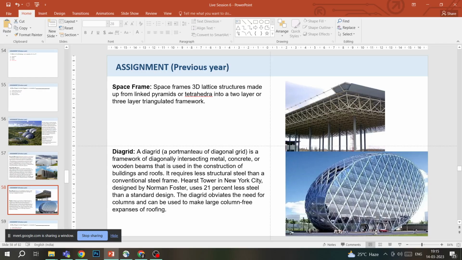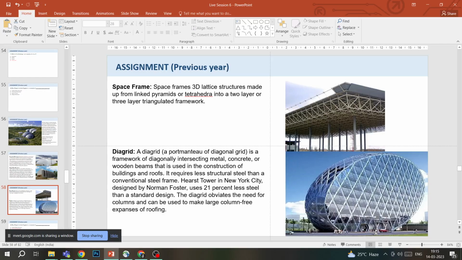All these tetrahedrons are attached together to form a 3D lattice. That is what a space frame is. It's a 3D truss basically. It's a 3D form of a prismatic truss. Two-layer or three-layer triangulated framework. And this is how a space frame actually looks like.